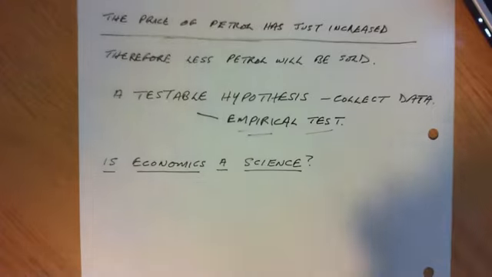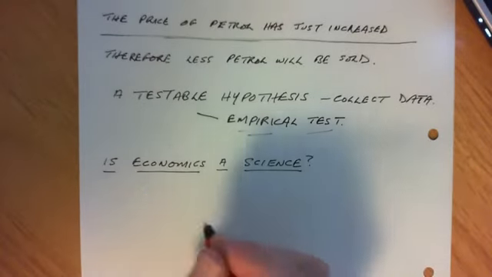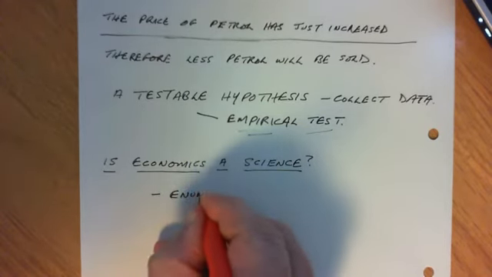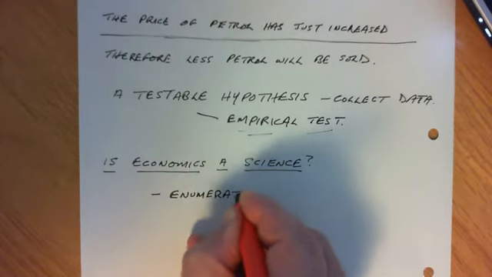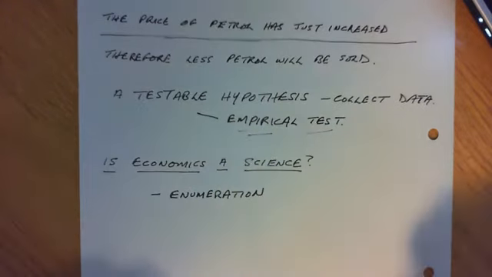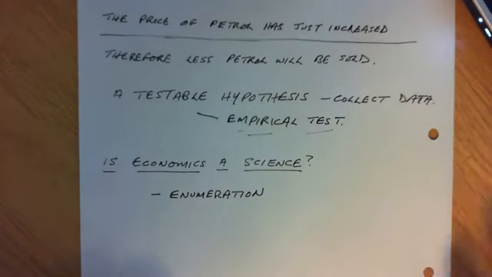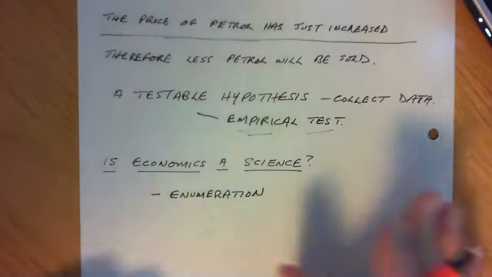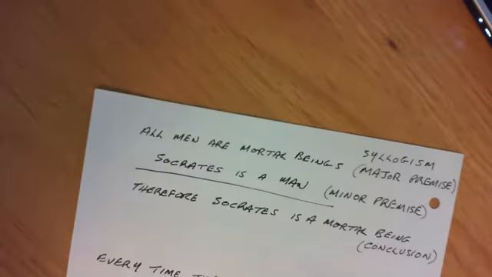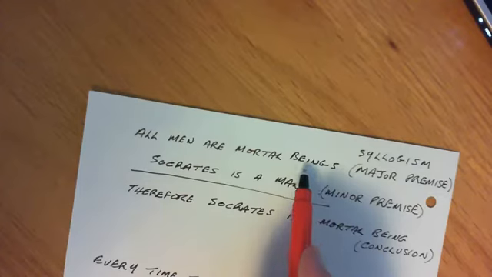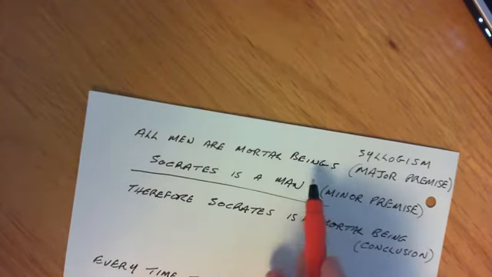But for the moment, we can observe, based on what we've been talking about, some issues. For example, the enumeration one. Counting up one. If we count up lots and lots, does that mean all? If I said, as far as I know, all men are mortal beings, but I don't know. I don't know everybody.